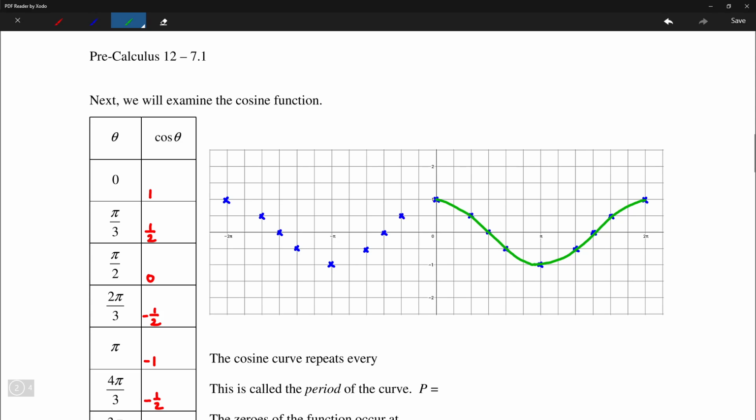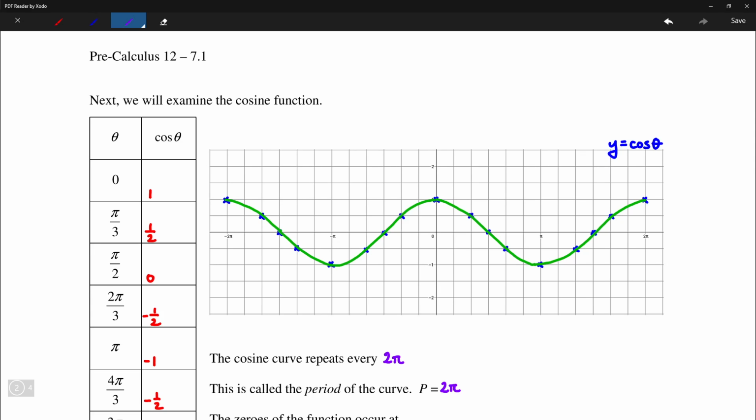And again, connecting the points with a smooth curve. So just like the sine function, the cosine function also has a period of 2 pi. Again, if this is y equals cosine theta, the period is again 2 pi, just like before.